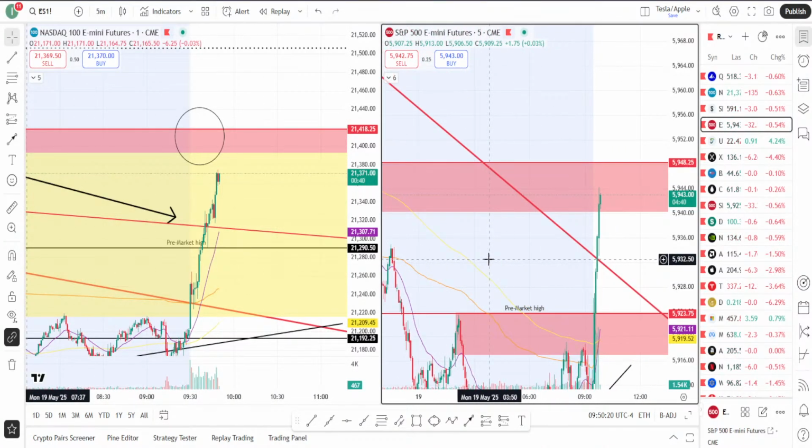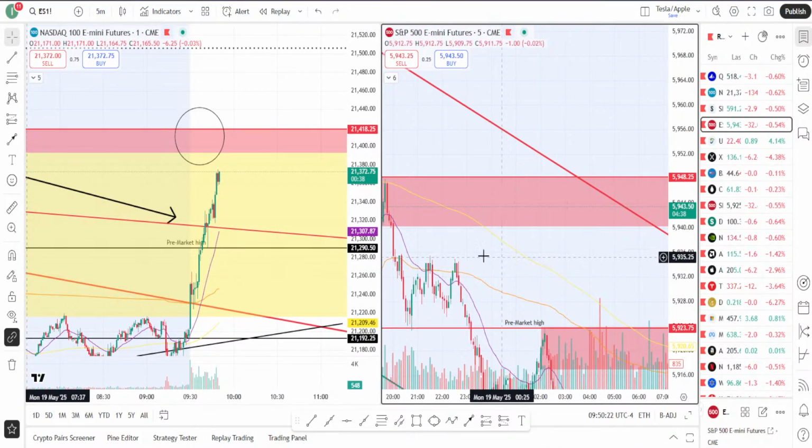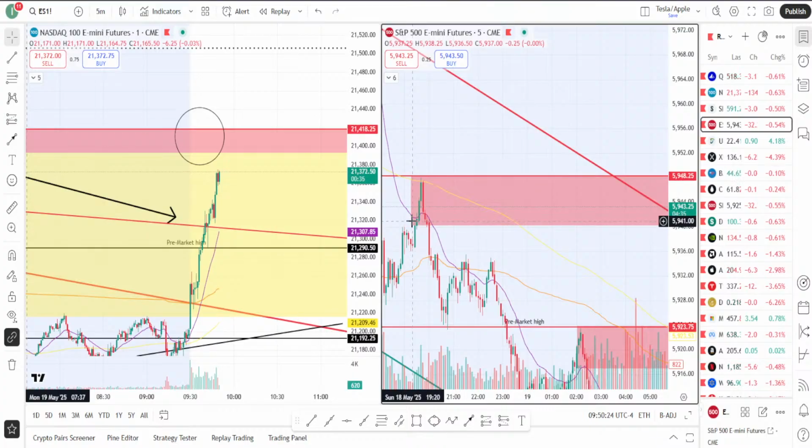Yes, it's practically already at its supply zone, so we might see this start to slow down a little bit here.